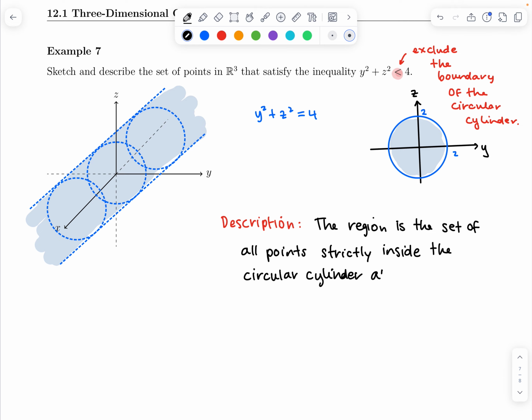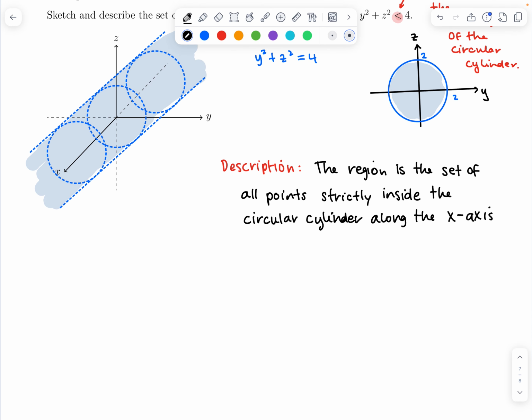And I'm going to say that it's along the x-axis, to indicate that it's been stretched along the variable that was missing, centered at the origin with radius 2.